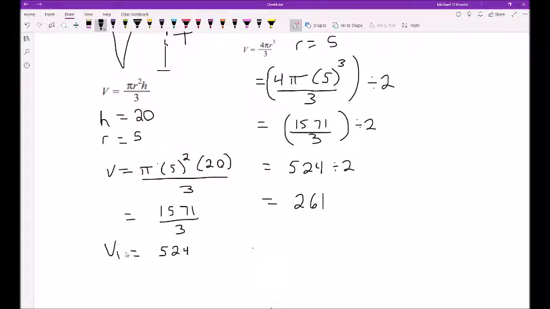So there's our volume 1, our volume 2, and to get our total volume, as we said at the very first, add those together.